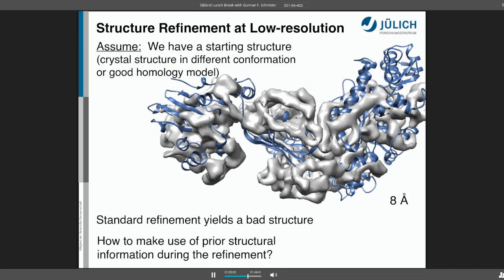At the time when we started developing DireX, we thought we wanted to use all that information that we already have in the original crystal structure or in the homology model. The fact that there is a helix, most of the time you want to preserve that helix. If the data doesn't tell you otherwise, you want to preserve all the details that are in the model.